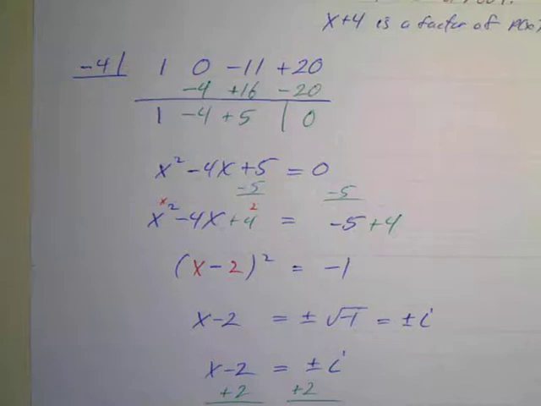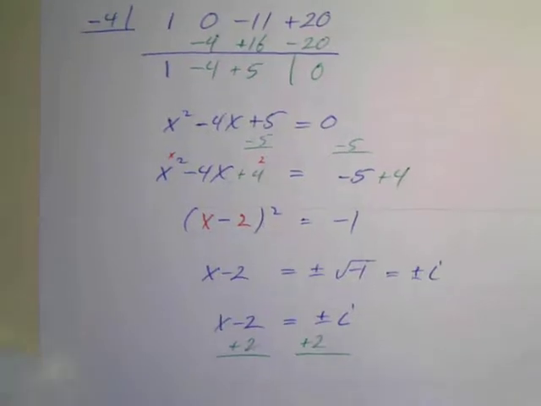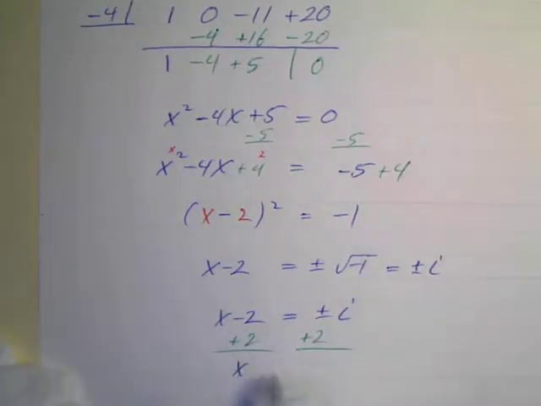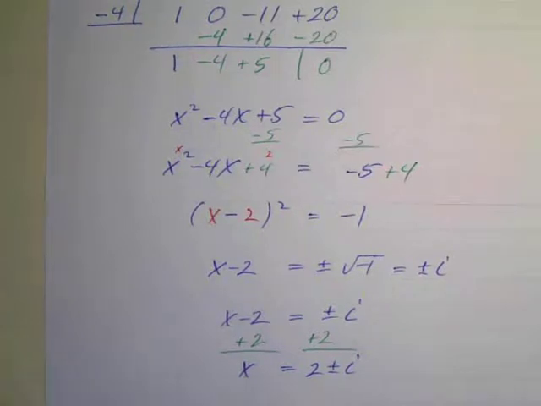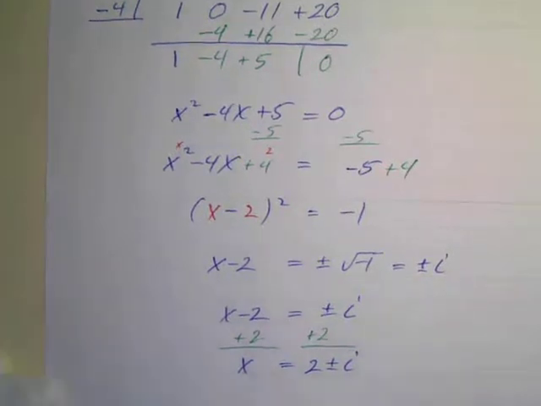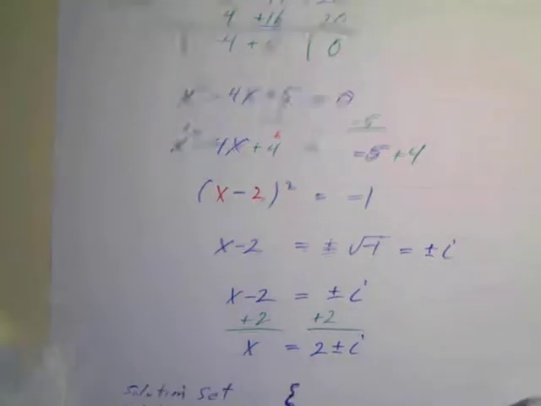And what we end up with is x equals 2 plus or minus i, and those are your other two roots. So we were given a root of negative 4, so when we write our solution set, that will be a set of my three solutions.